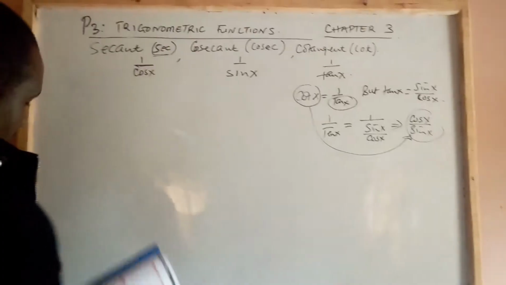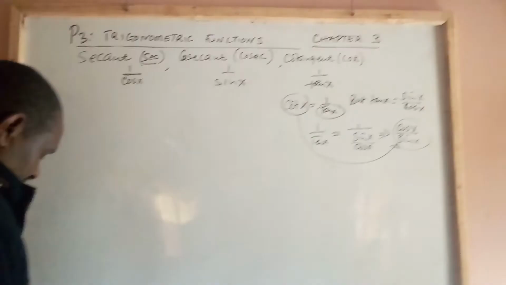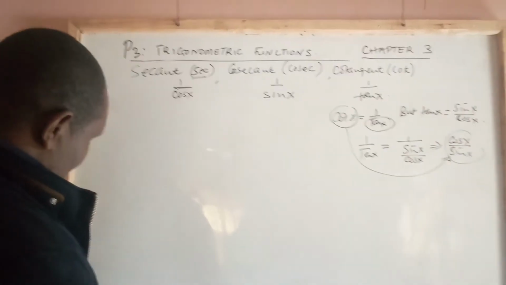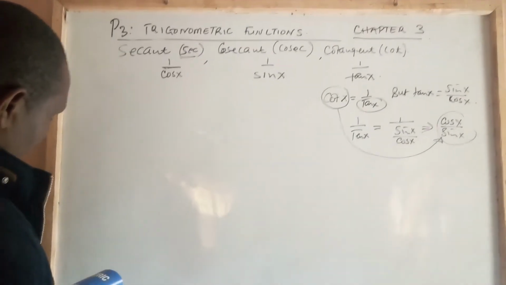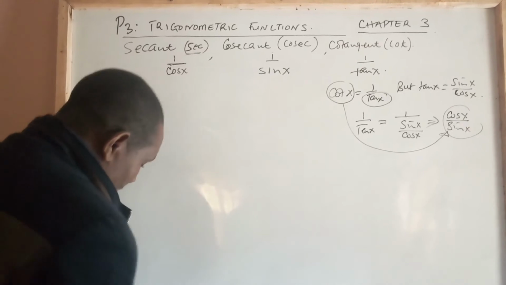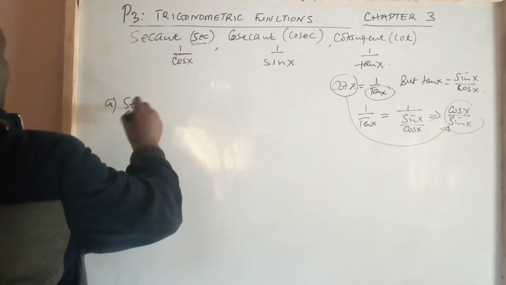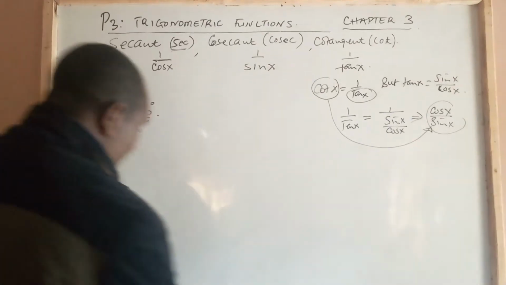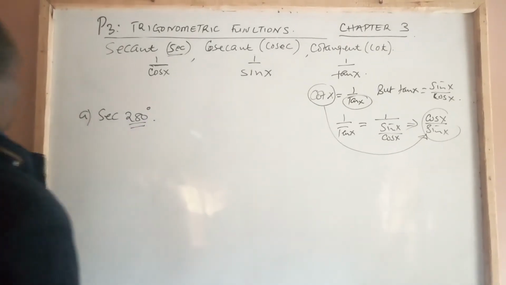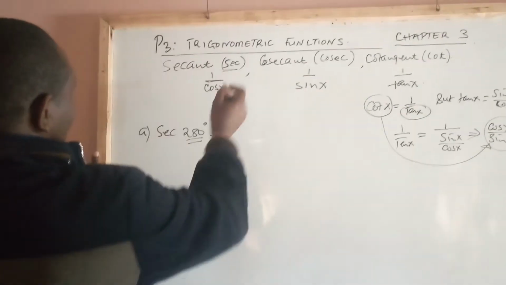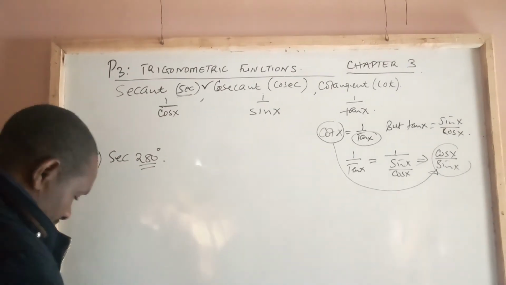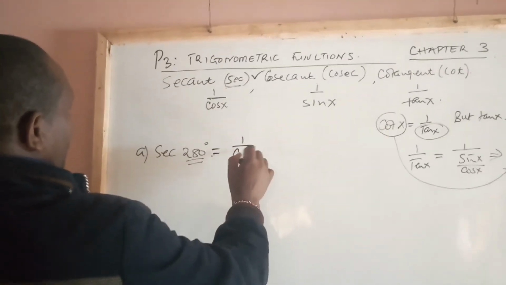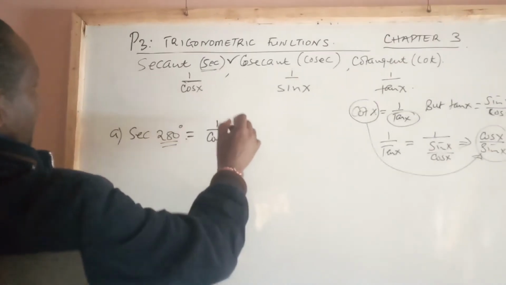I want us to just go straight to example 1 and see how we can use this knowledge. Example 1 says: use your calculator to write down the values of part A, the sec of 280 degrees. We have just known that the sec of 280 degrees is simply 1 over the cosine of 280 degrees.